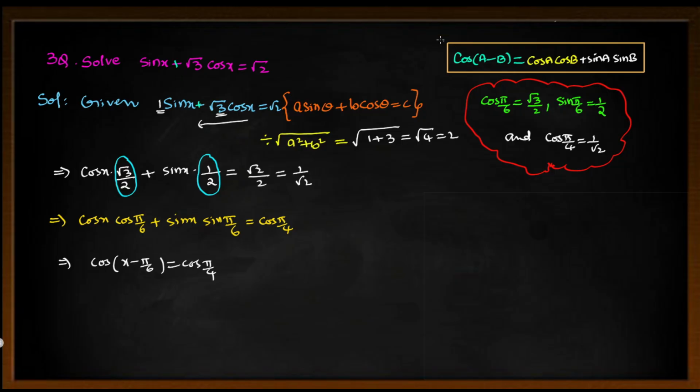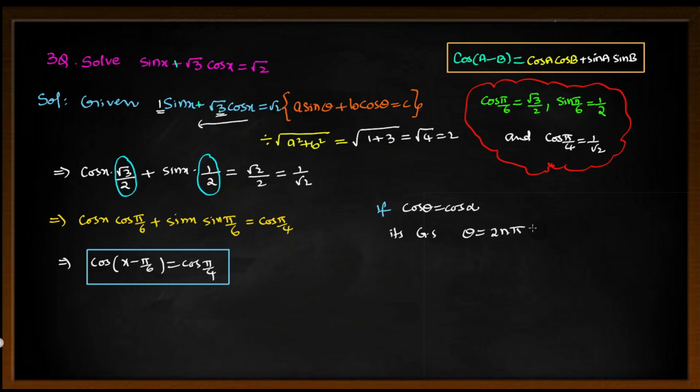Now this is in the form cos theta equals cos alpha. We know that if cos theta equals cos alpha, then its general solution is theta equals 2n pi plus or minus alpha, where n belongs to z.